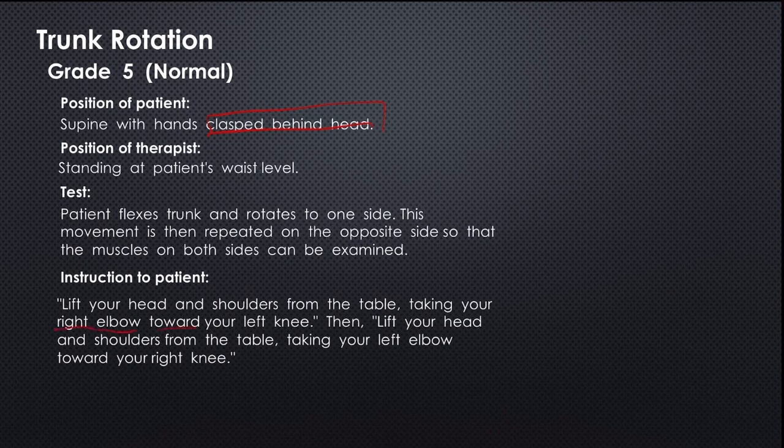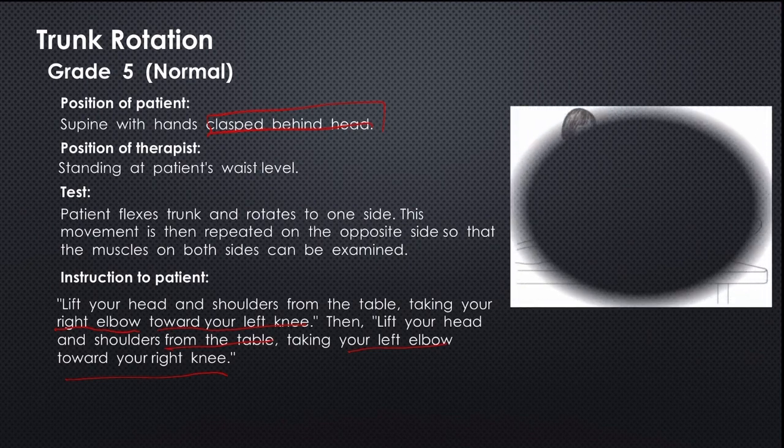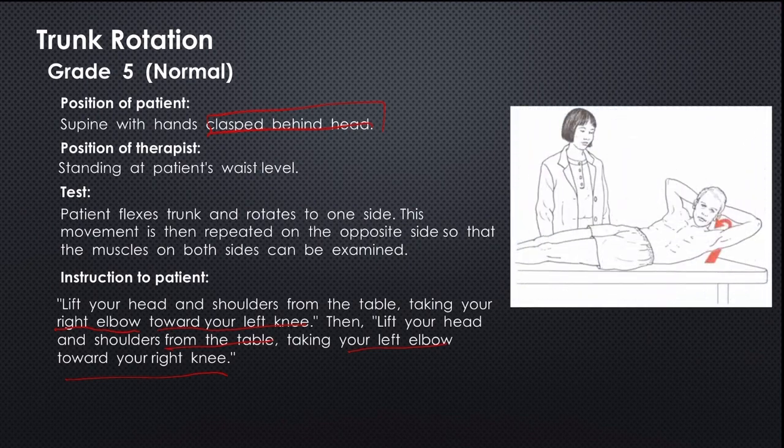Right elbow towards your left knee. Then lift your head and shoulders from the table, taking your left elbow towards your right knee. So it's just the opposite. It's like this. See? From this position, the patient is moving the right shoulder to the left knee. Right shoulder to the left knee.